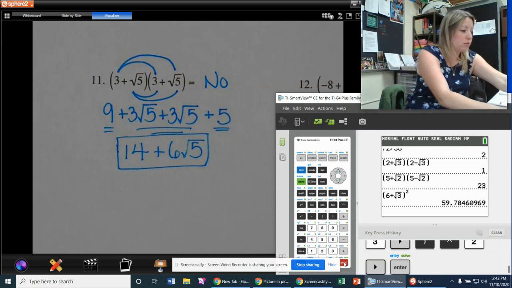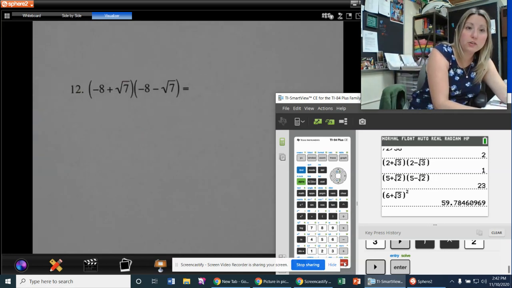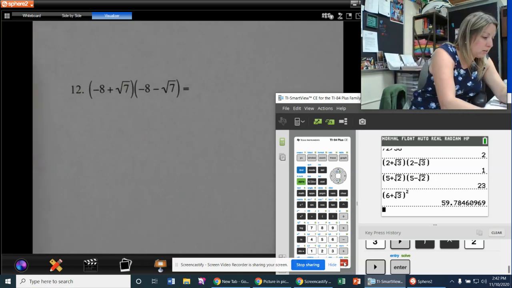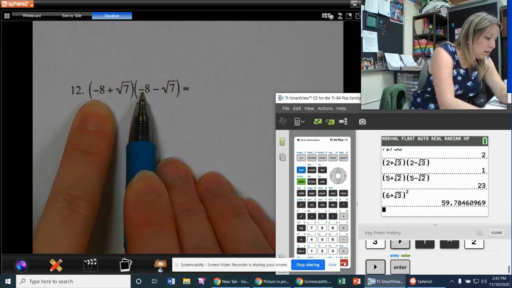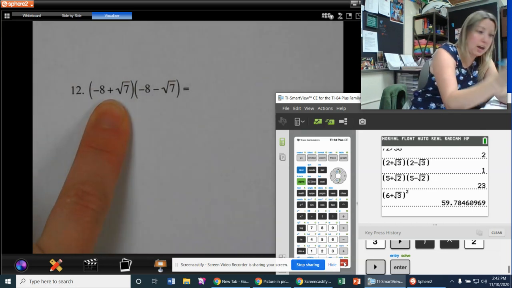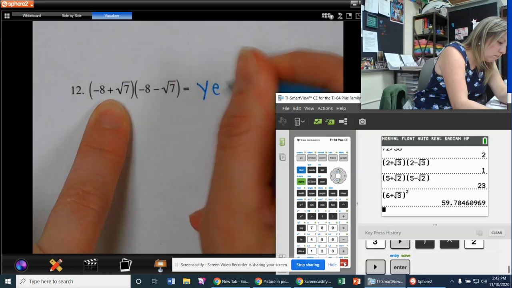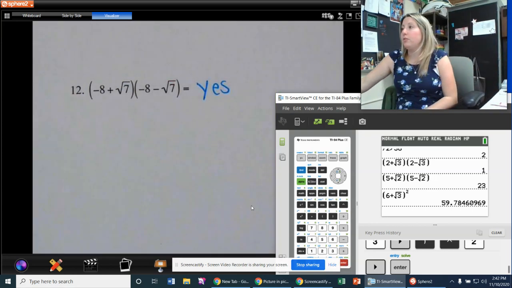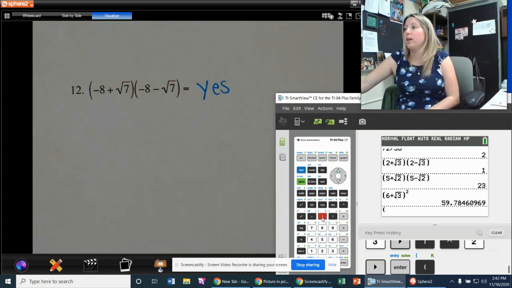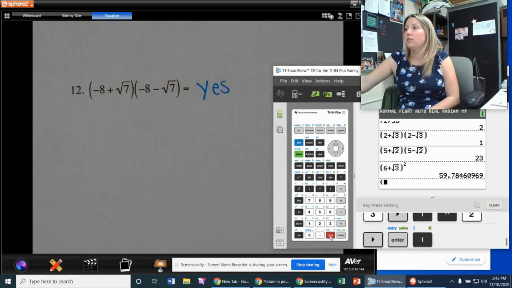Then 12, are those conjugates? Same sign here, different sign here, yes. So I get to come to my graphing calculator and just put them right in. Oh, shoot, I can't see. Hold on. There it is. -8 plus radical 7.